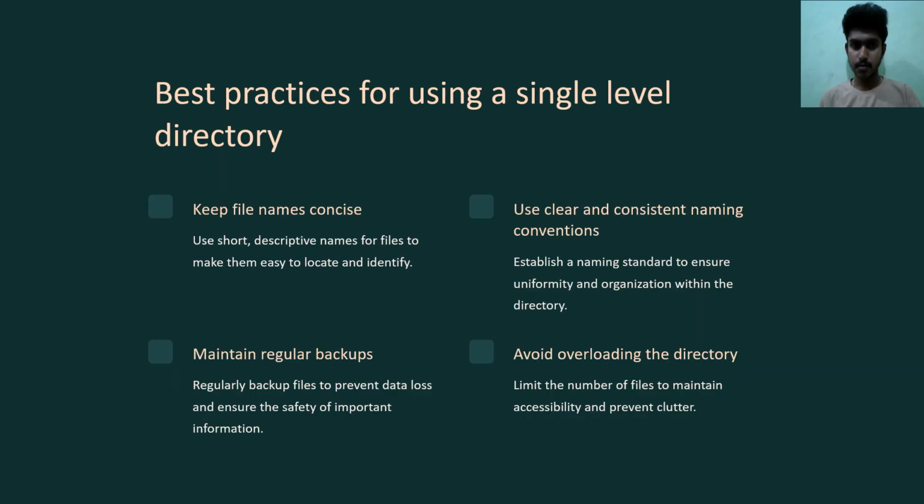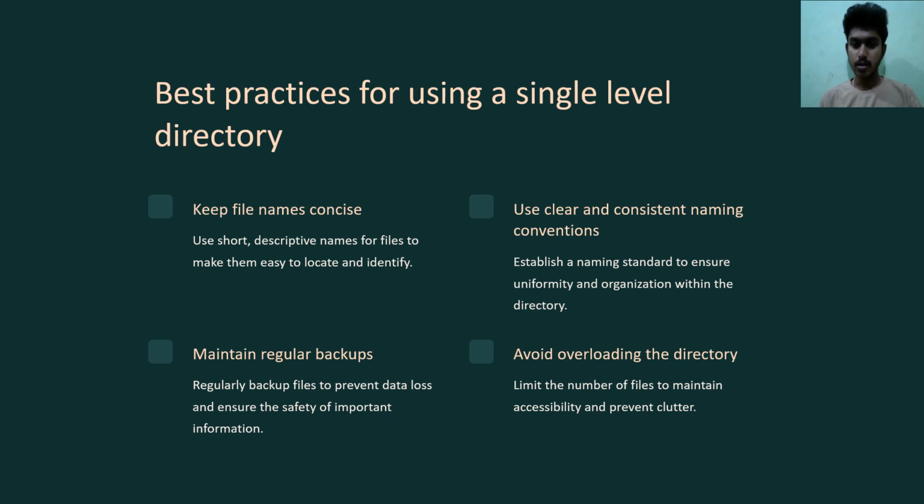Best practices for using a single level directory. Keep file names concise. Use short descriptive names for files to make them easy to locate and identify. Secondly, maintain regular backups. Regularly backup files to prevent data loss and ensure the safety of important information.